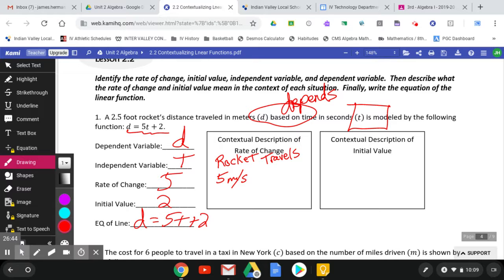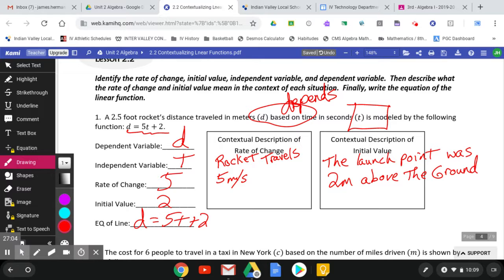Okay, so the launch point was 2 meters above the ground. Now, you could include, probably on a platform if you wanted.